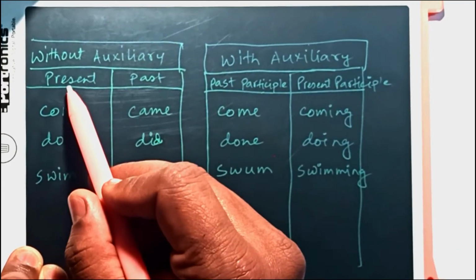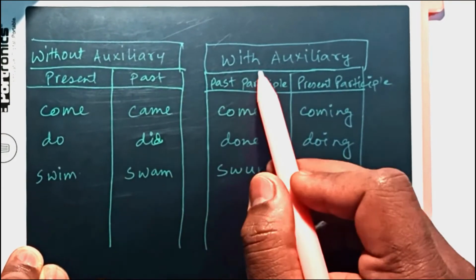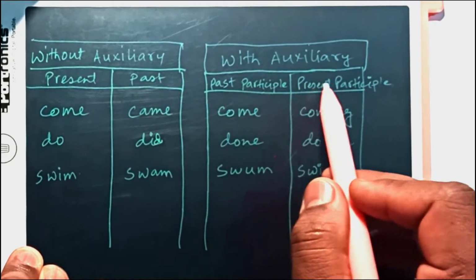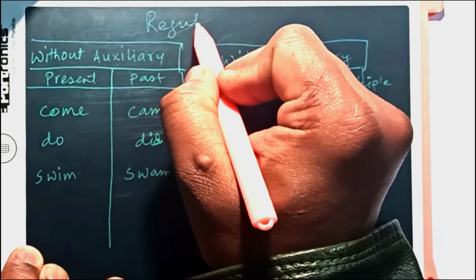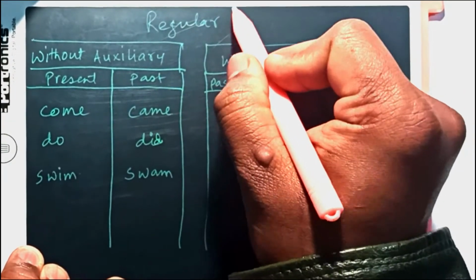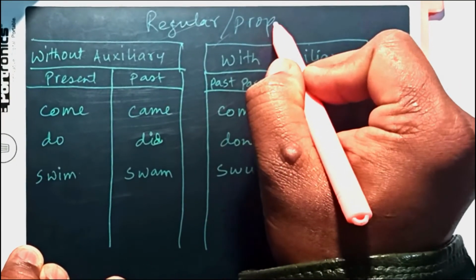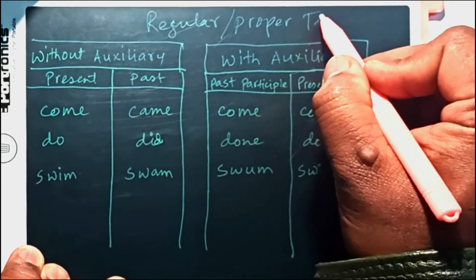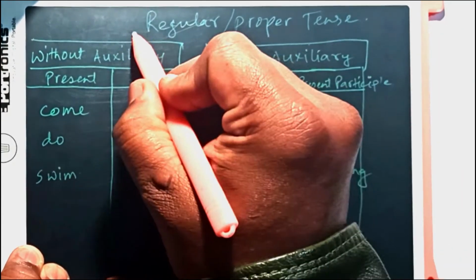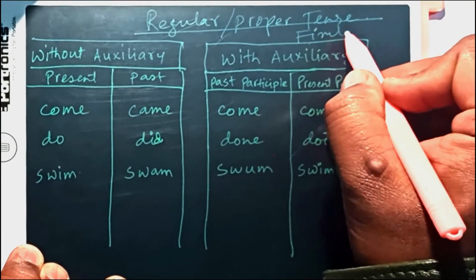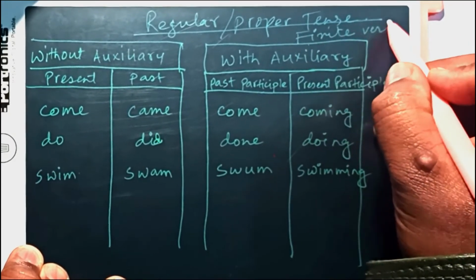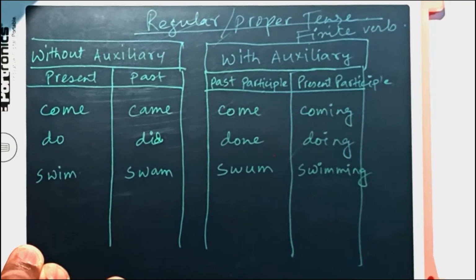Without auxiliary, what we have? Present, past. With auxiliary, we have past participle, present participle. So this we will call regular or proper tense. Okay, so this means all these are going to make it a finite verb in the sentence.